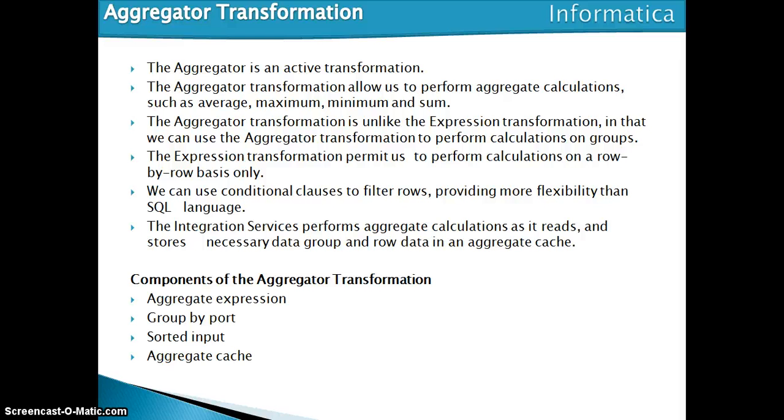And unlike an expression transformation, in aggregator we can perform group by operations, whereas expression transformation is limited to performing calculations on a row by row basis only. And in aggregator transformation we can use conditional clauses to filter rows, providing more flexibility than the SQL language. The integration service performs aggregate calculations as it reads and stores necessary data, group and row data, in aggregate caches.